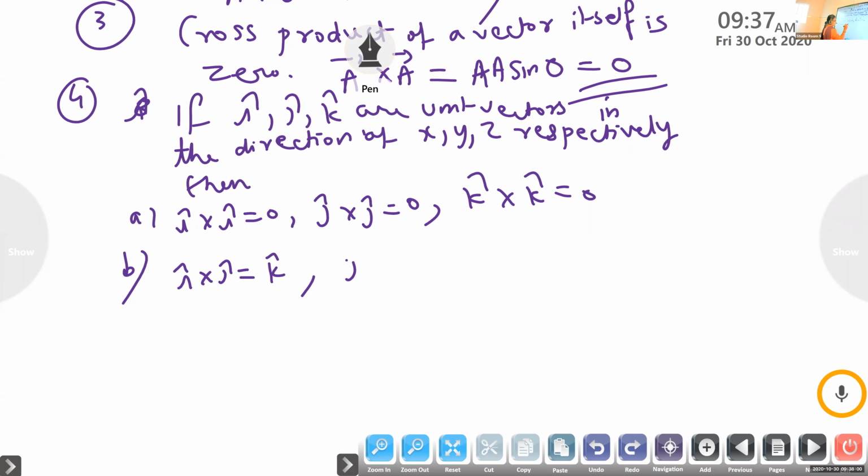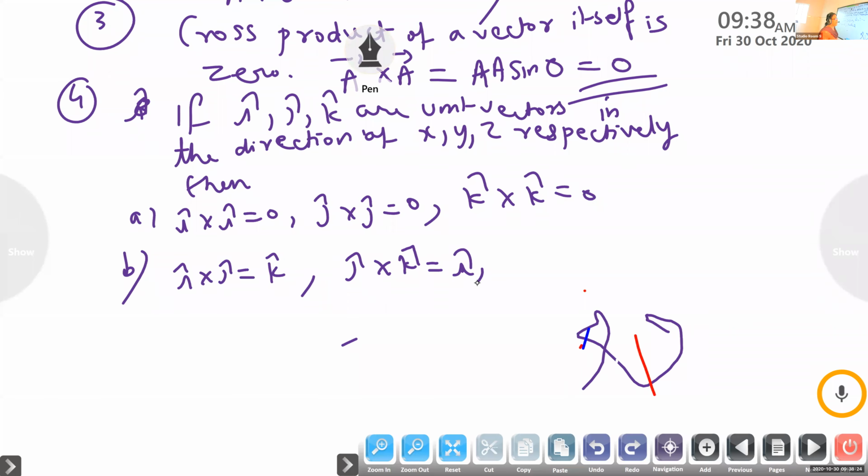And you can simultaneously write. You already know i cross i is equal to j cross j is equal to k cross k, all these are 1, so that's why even if you write k, it is 1. It's a unit vector. Now, i cross j is k. Next is j cross k is i. So just go on writing in an order, then you will not make a mistake.